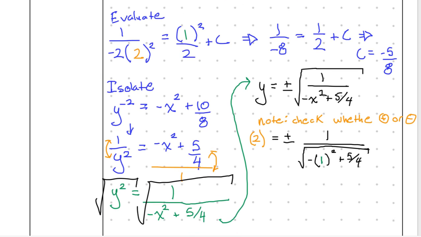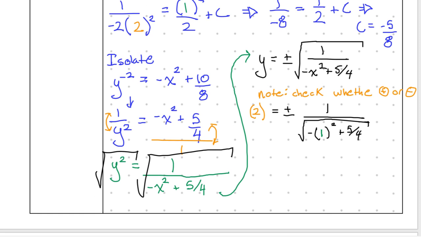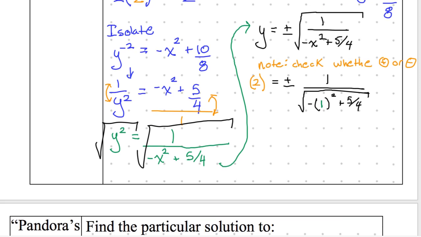All right, so now I need to simplify the inside here. So negative, or 1 squared is just 1, negative 1. So I need to combine negative 1 with positive 5/4, and this problem now becomes what? Yeah, it's positive 1/4. 1 over the square root of 1/4, I should say.